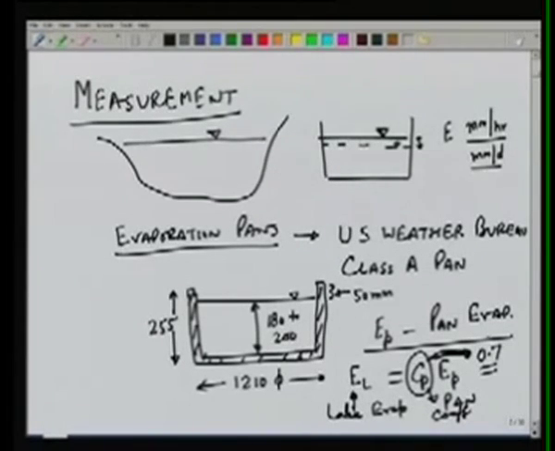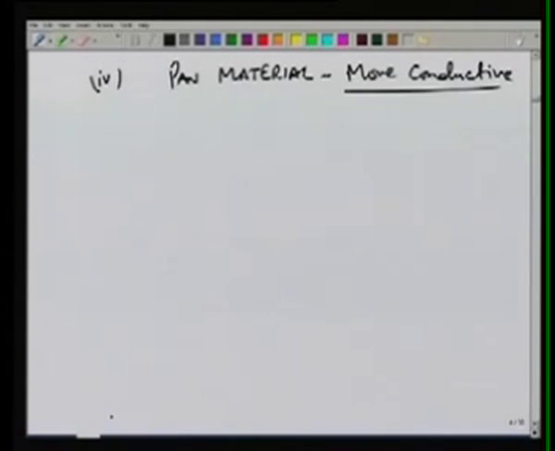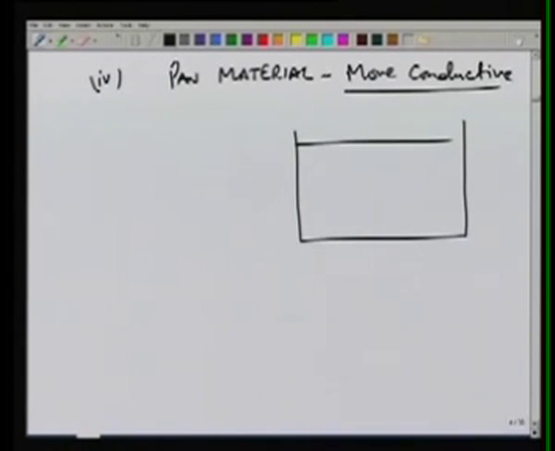In India, there is a modification in this US Weather Bureau class A pan. It has been slightly modified, and we use a pan which is known as the Indian Standard pan or modified class A pan.